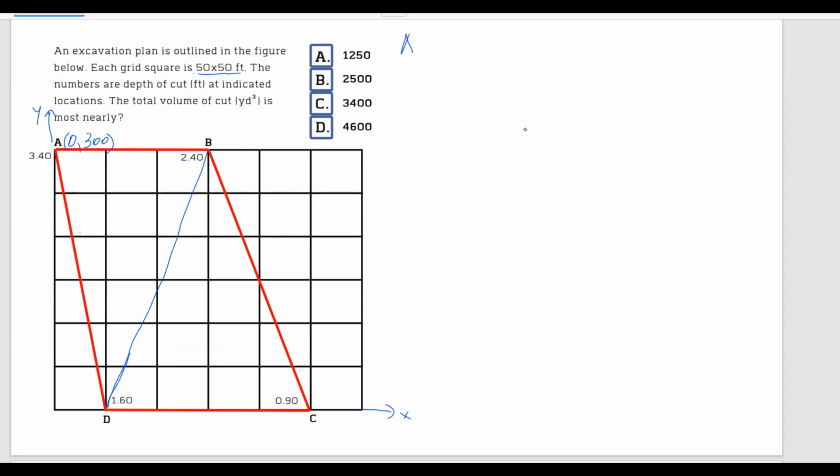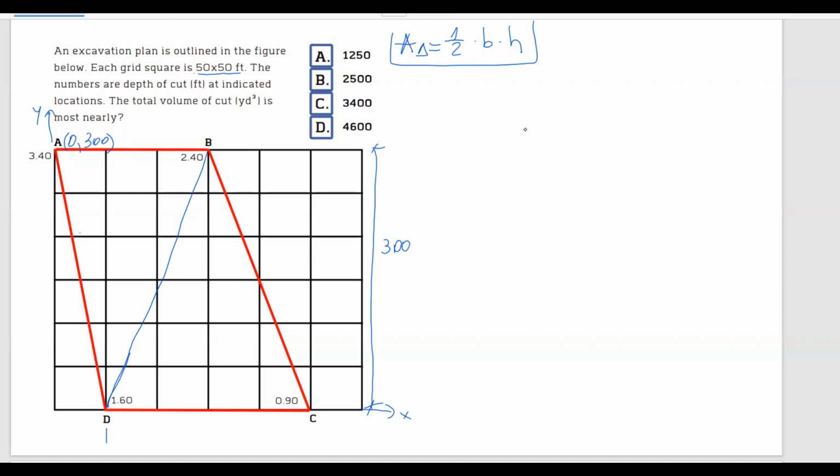We know the area of a triangle is equal to 1/2 multiplied by B multiplied by H. In this case, this distance over here is 6 squares multiplied by 50, so this is 300.